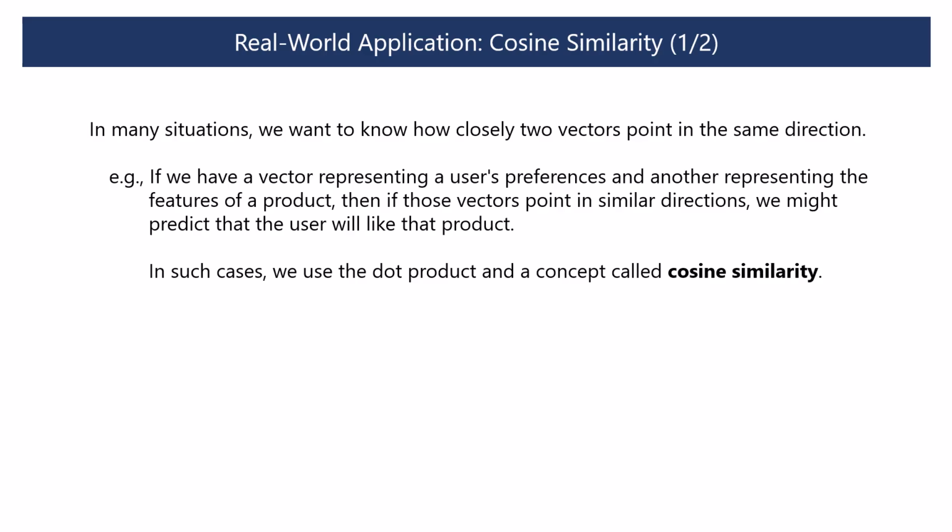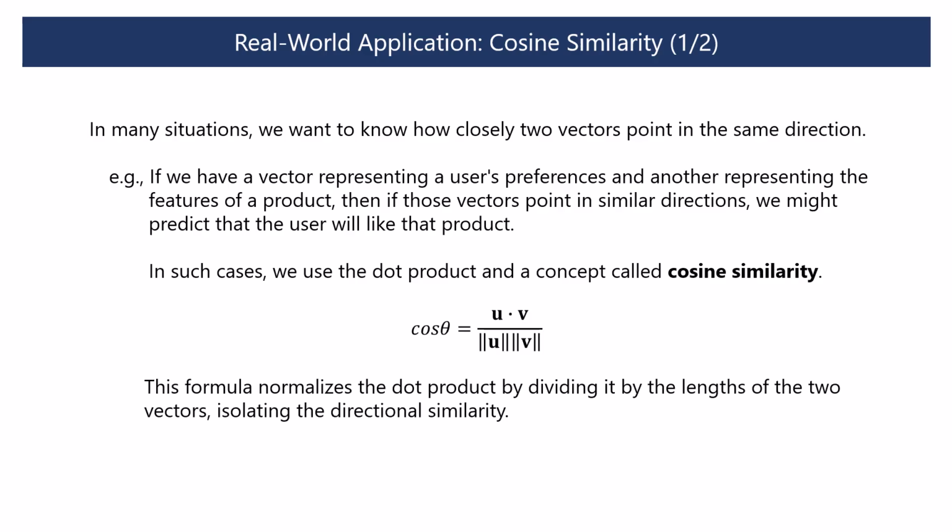For example, if we have a vector representing a user's preferences and another representing the features of a product, then if those vectors point in similar directions, we might predict that the user will like that product. In such cases, we use the dot product and a concept called cosine similarity.